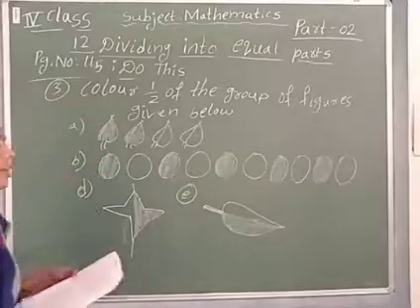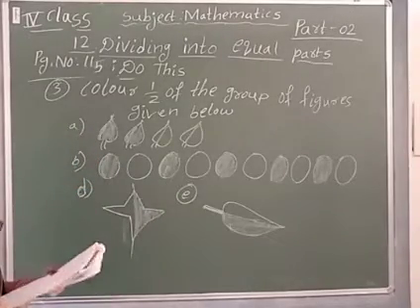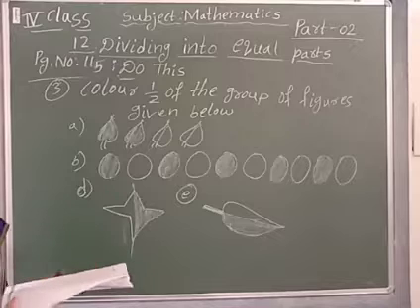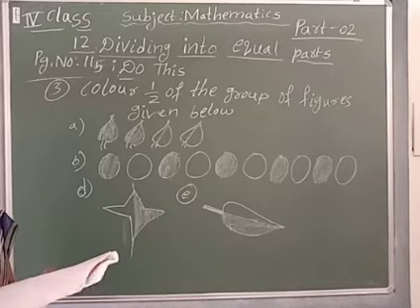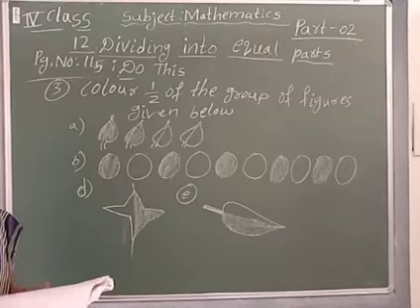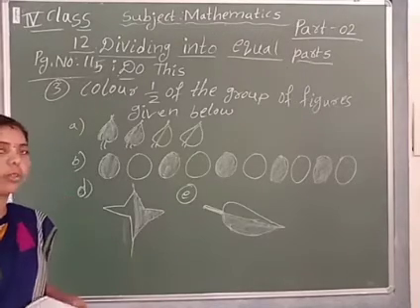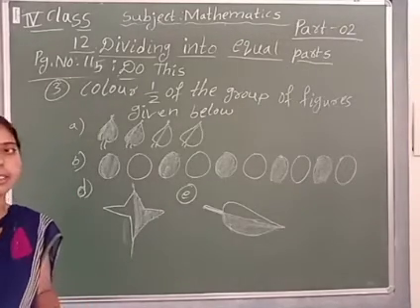So all of these are half part only, half of the figures we are coloring now. Yes, okay. Next, the fourth bit, 1 by 4 parts. We will discuss it in the next class. So you will do this, children. You will draw in the notebook too. Use crayons. Okay, children.